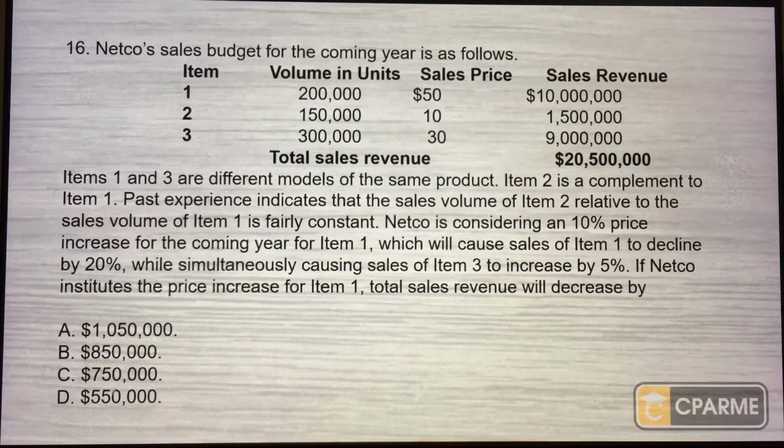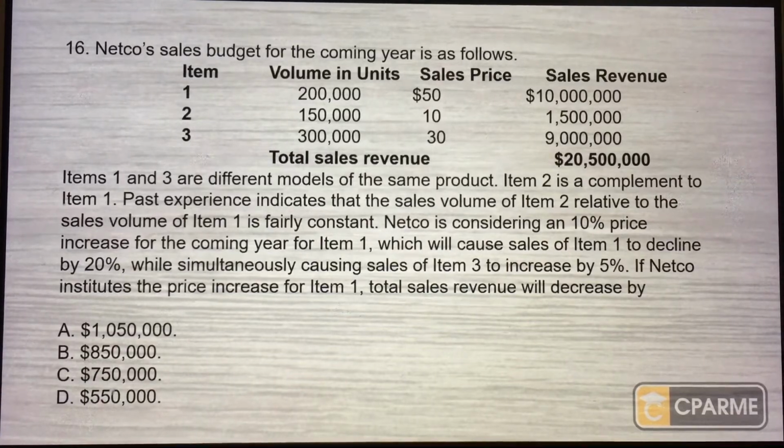But the activity or the volume will be lesser by 20%: 200,000 times 80%, so that we get the volume net of 20%.